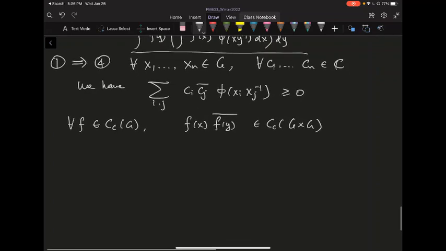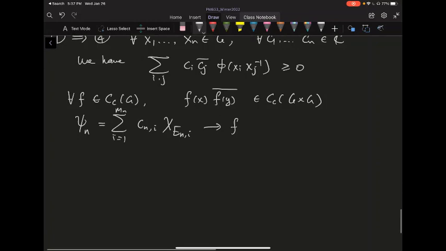Because all your functions can be approximated by some simple function, let's say some psi n, equal to the sum of c ni chi of e ni, where I come from some index set, that's going to converge to your function f, basically a uniform convergence, because the function is compactly supported.